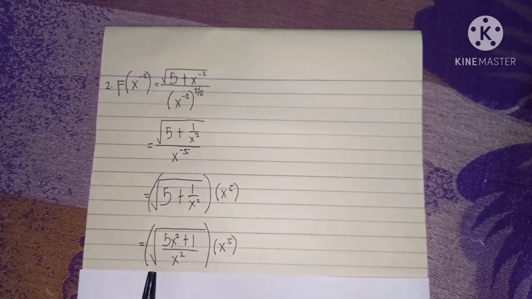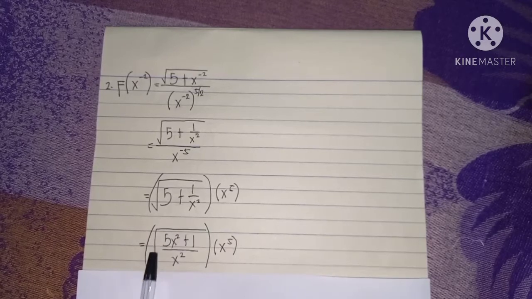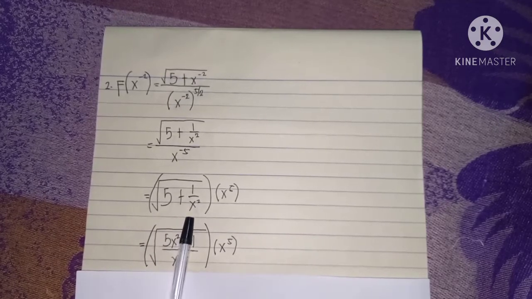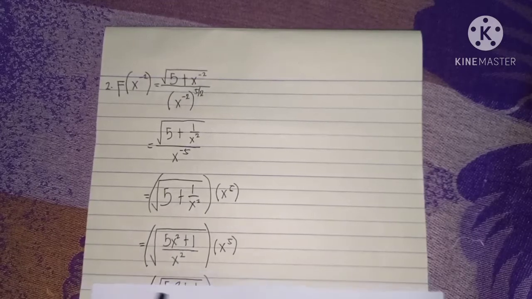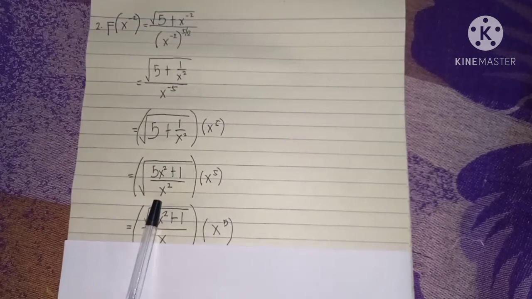So here it is, square root of our denominator is x squared, so x squared divided by 1 is x squared times 5, 5x squared, x squared divided by x squared is 1 times 1 is 1.